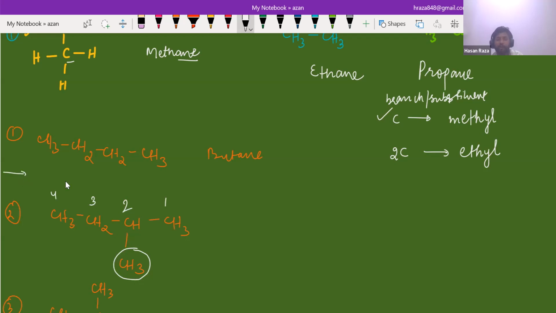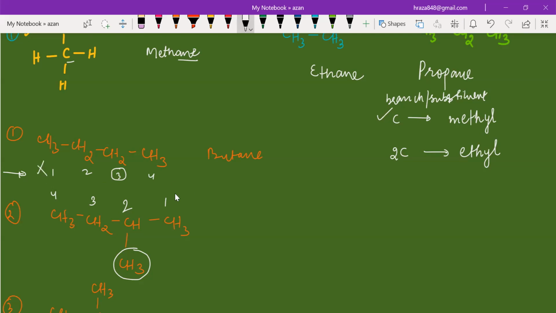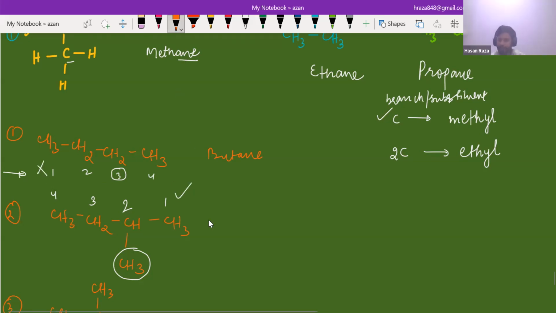If you do the numbering from left to right, 1, 2, 3, and then 4, the substituent will get the third position. So always do the numbering from the side where the substituent gets the lowest number. Are you getting my point? So this numbering will be wrong and this numbering will be right.